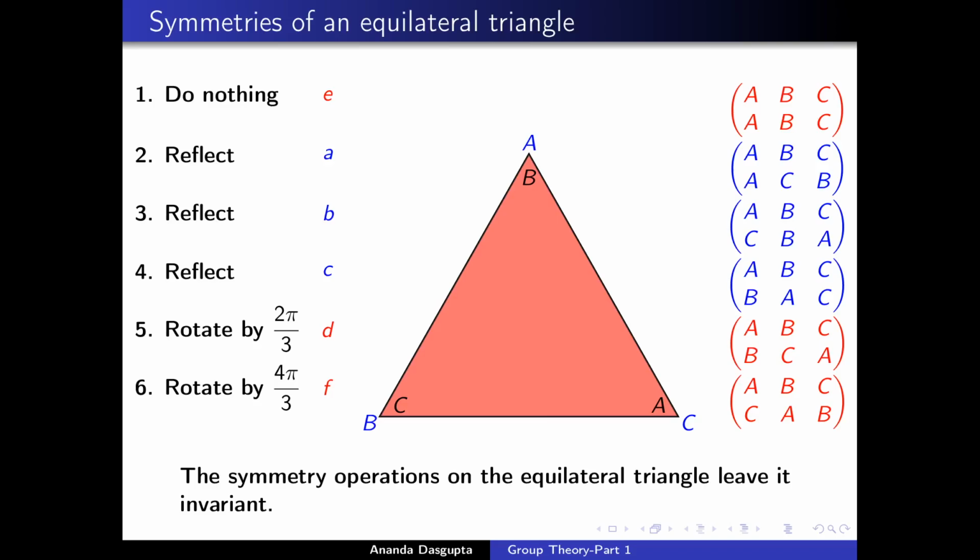But it's easy to see that if you were to rotate, say, through 120 degrees thrice, that would be a 360 degree rotation, which is effectively doing nothing again. So, under such a rotation, not only would the vertices not change, no points of the triangle would change. So, this finite set of 6 elements are all the symmetries of the equilateral triangle.